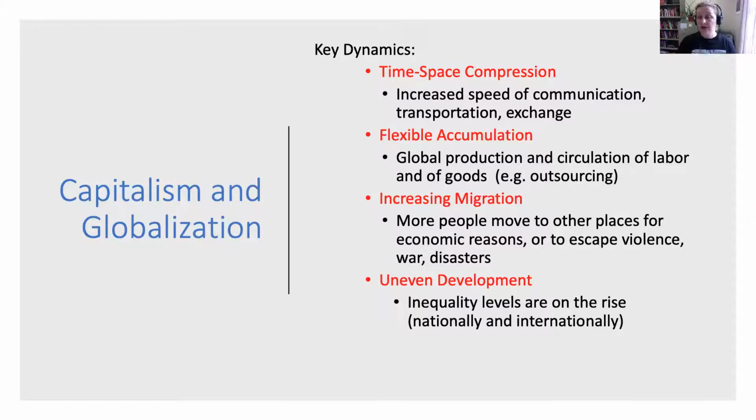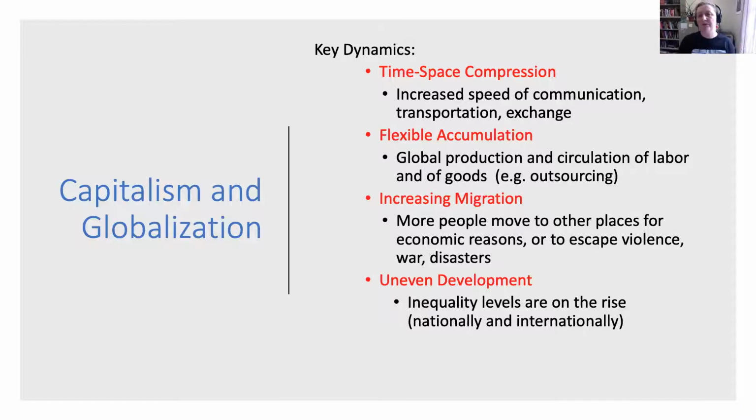Same thing with exchange. So trade, the way that goods travel, but also the way that financial transactions take place nowadays, they also take place through these digital mediums. So you could transfer money from one place to the other very quickly, for instance through PayPal or through a bank transfer, right?